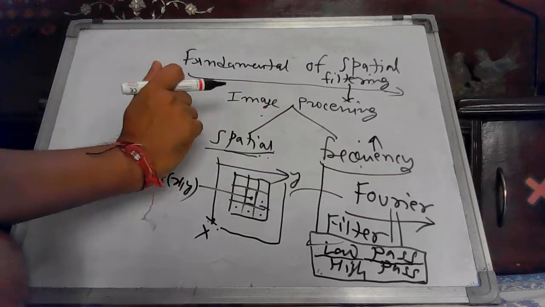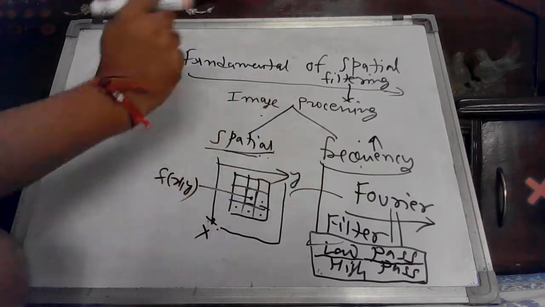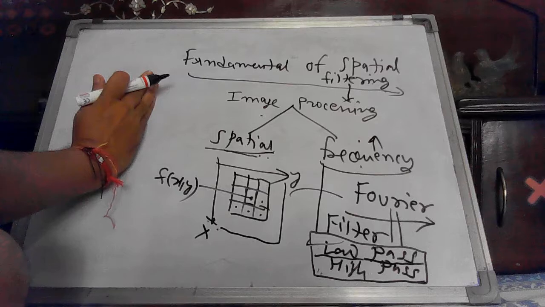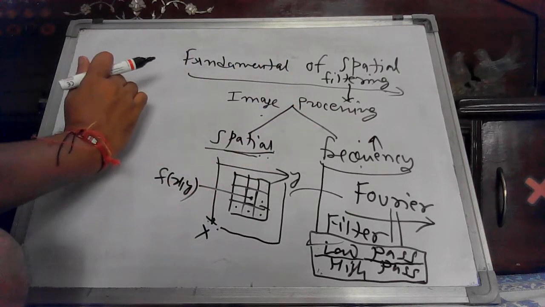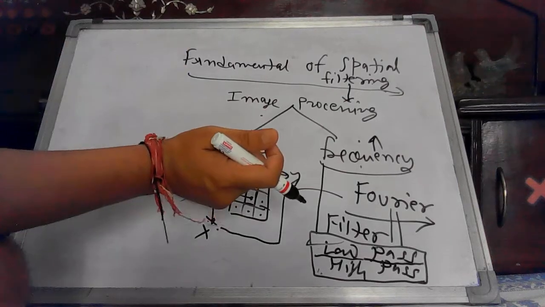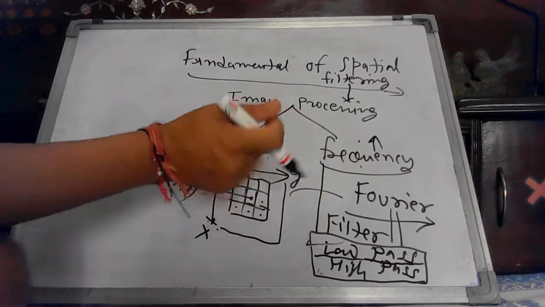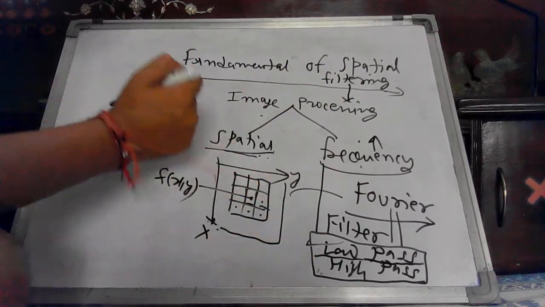That is known as low pass filter. If my filter is a high pass filter, its nature will be that it allows high frequency components in the resultant image, but it obstructs low frequency components. There are a lot of uses.